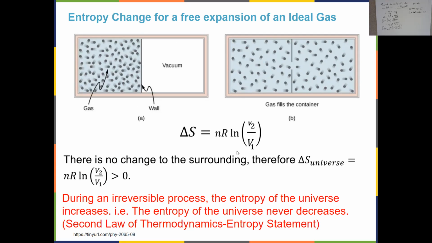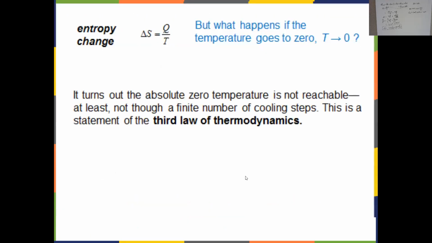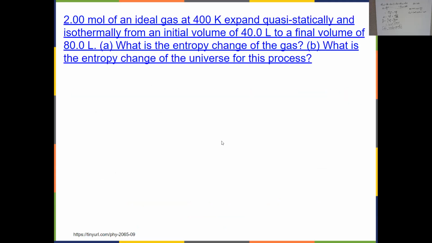The total change of the system plus the surrounding, which we typically call the universe, is just this, greater than 0. So for an irreversible process, the entropy change of the universe is always going to be greater than 0.